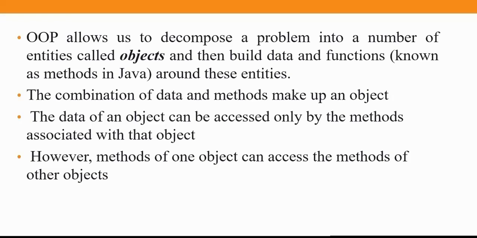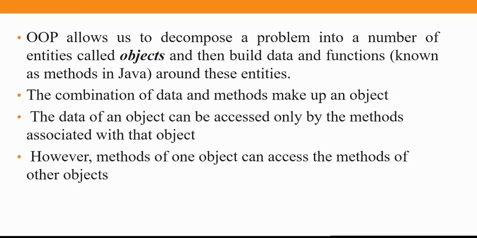In case you don't understand this point, when I explain the program part, you will be able to understand what I mean. Finally, methods of one object can access the methods of other objects. Even this one, if you don't understand, I will explain with a practical example for better understanding. As for now, you have to know methods of one object can access the methods of other objects.